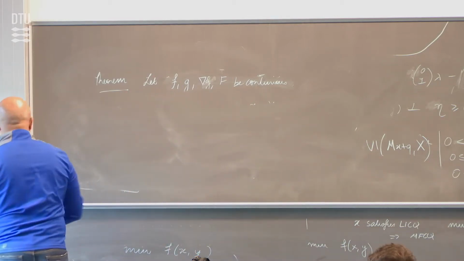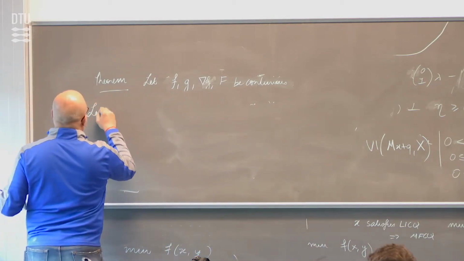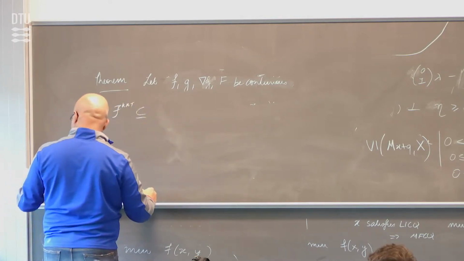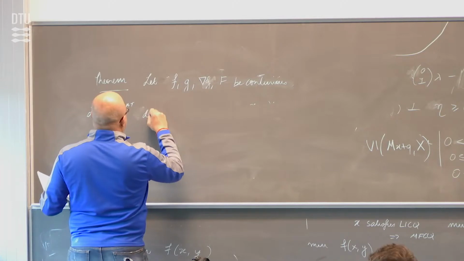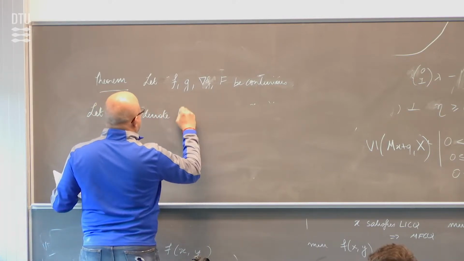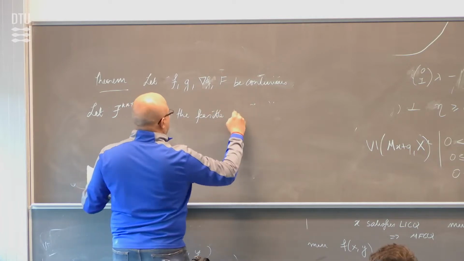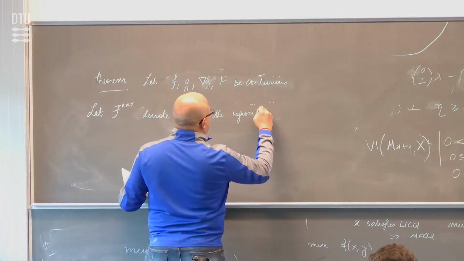Be continuous. Let F_KKT be the set of KKT points, and denote the feasible region of the MPEC.